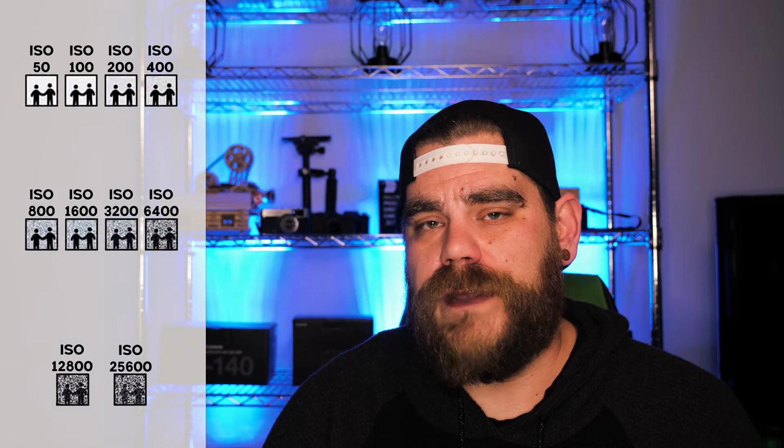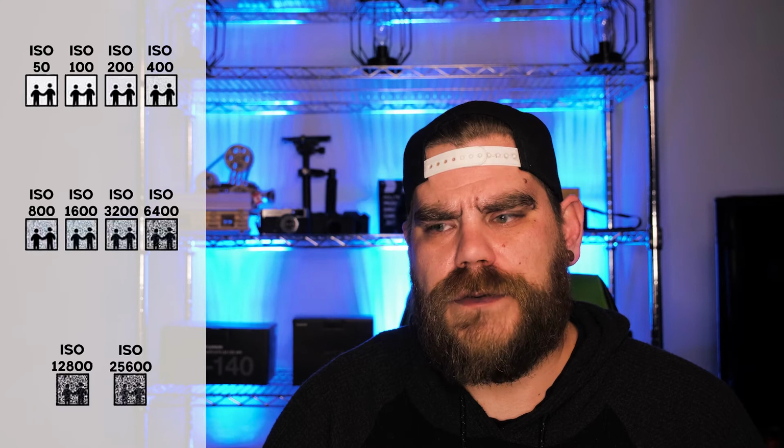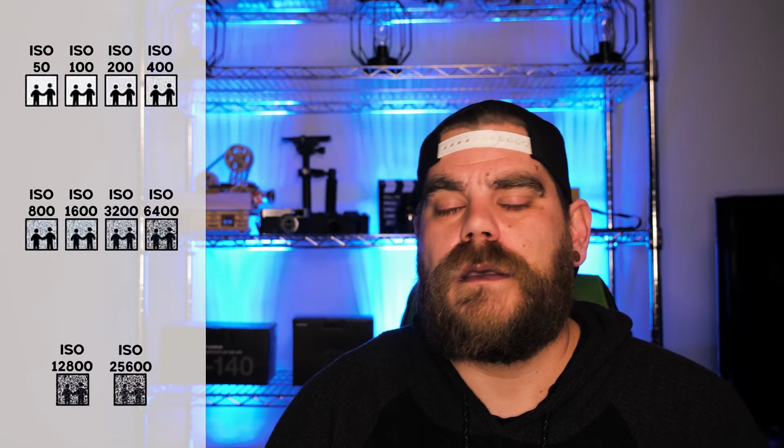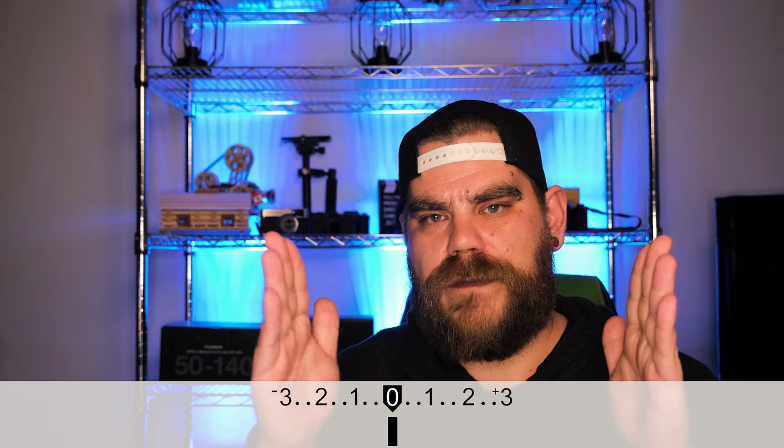If you're shooting in full daylight, try to keep your ISO super low and then adjust your shutter speed and your aperture accordingly. The end game with manual is that every camera has an internal light meter. It's that little bar that you see that has -3, -2, -1, 0, +1, +2, +3.